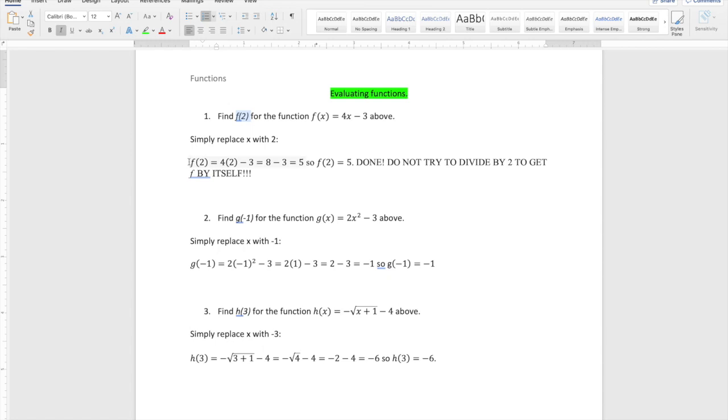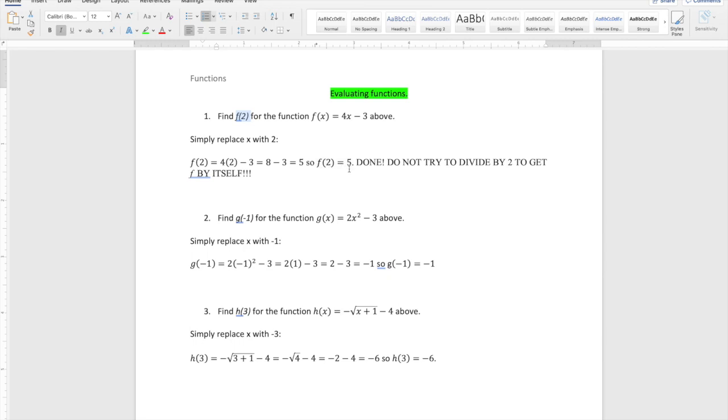So notice right here, f of 2, which is what the question is asking me to find, is equal to 4 times 2 minus 3. I'm replacing x with 2 inside of my equation. And when I calculate it, I get that f of 2 is 5.